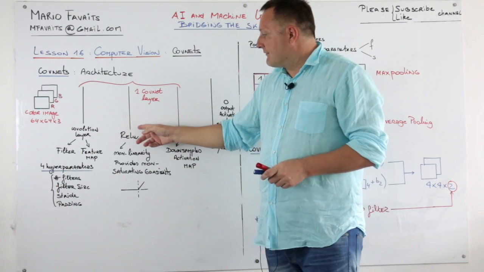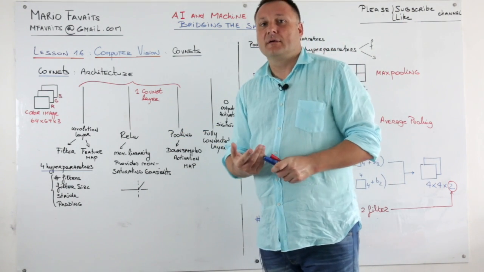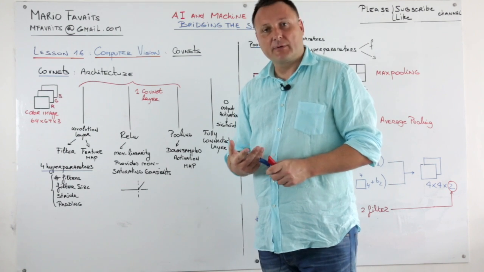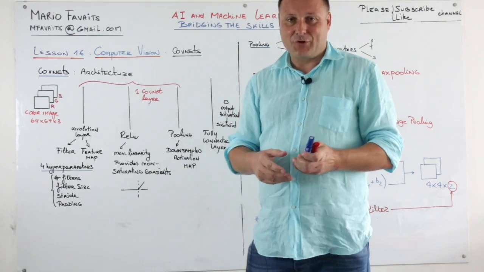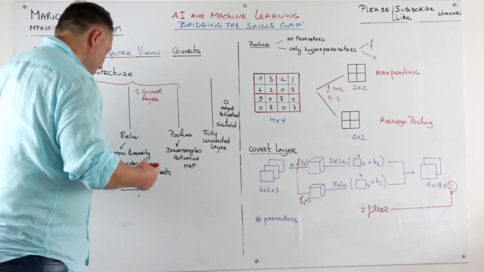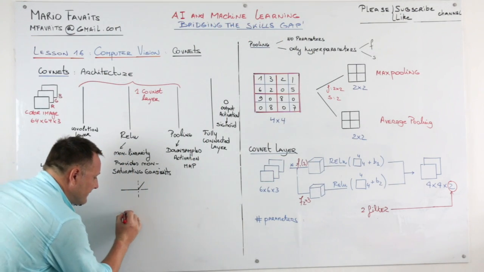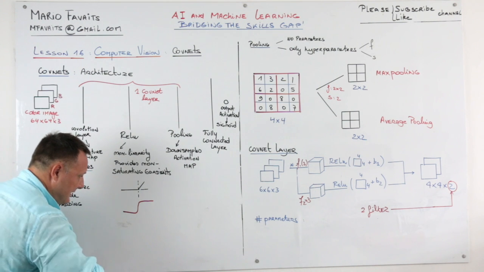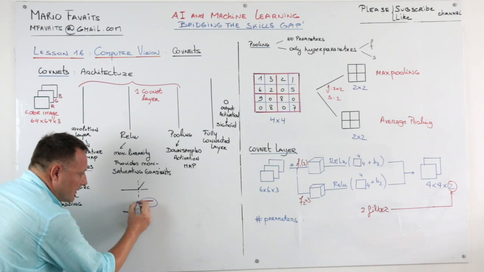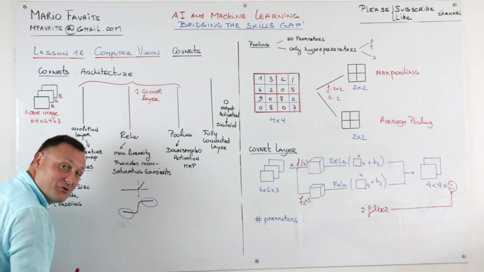And then we have a ReLU layer that gives us the nonlinearity and also provides us with non-saturating gradients. Remember when we had the sigmoid curve for classification? Here you have saturating gradients.